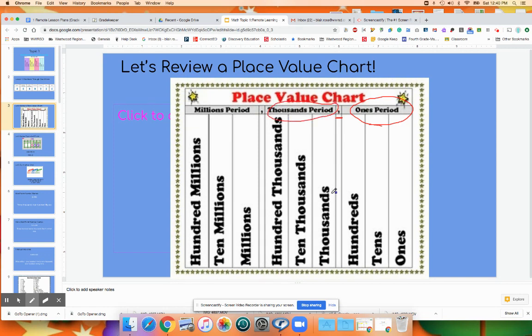The place values in the thousands period are the thousands, 10,000s, and 100,000s. Separating the thousands period from the millions period is again another comma. Then the last period we're going to look at for fourth grade is the millions period. In the millions period is millions, 10 millions, and 100 millions. Okay?